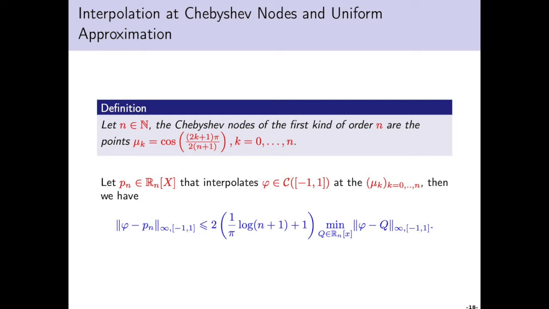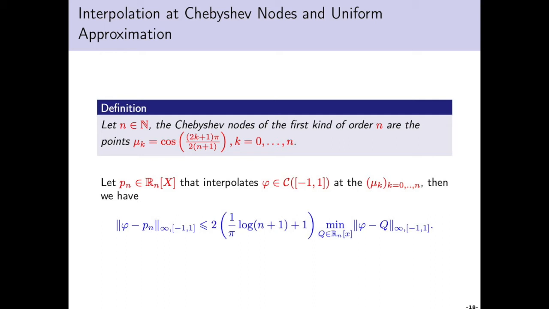I will give several illustrations of this fact. If you look at the error of approximation over -1, 1 of f minus Pn, now compare it to the best possible polynomial approximation: the norm of f minus q, where q is any polynomial of degree at most n. Integer coefficients?